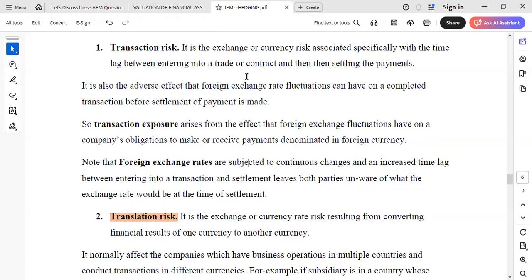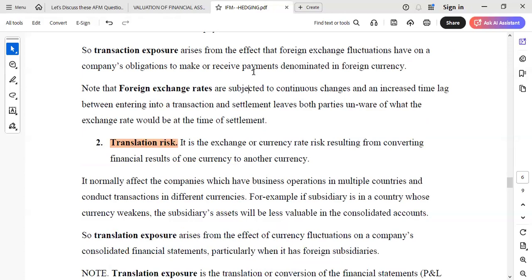Now, because of the consolidation bit of it, you need to translate the foreign subsidiary into the currency of the home country. So there will always be that risk as a result of you translating, as a result of you converting the financial results into your home currency.